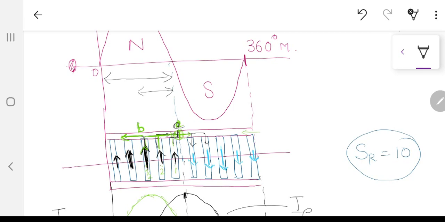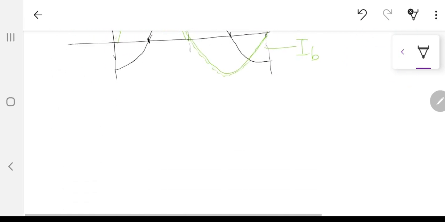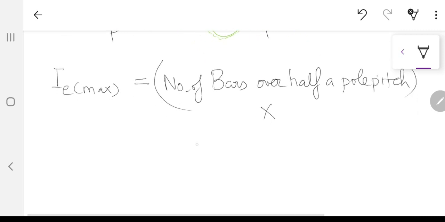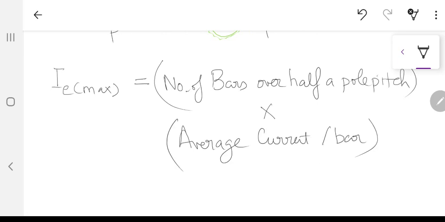So this means the end ring current, let me just write it down now. The maximum value of the end ring current is going to be equal to the number of bars over half a pole pitch, and multiply this by the average current per bar, because I don't know the value of current in the bar.